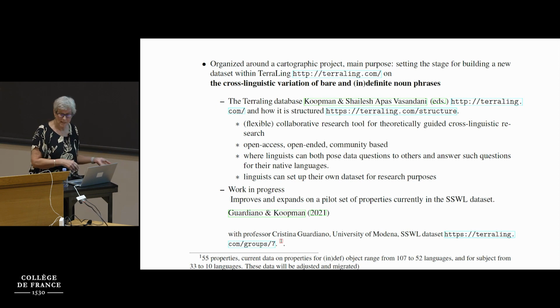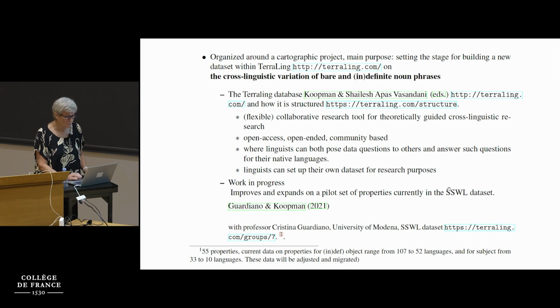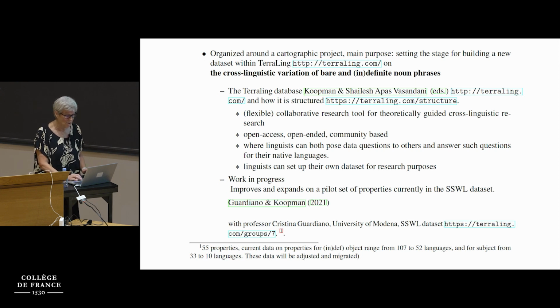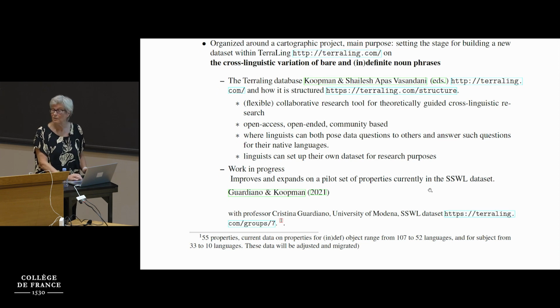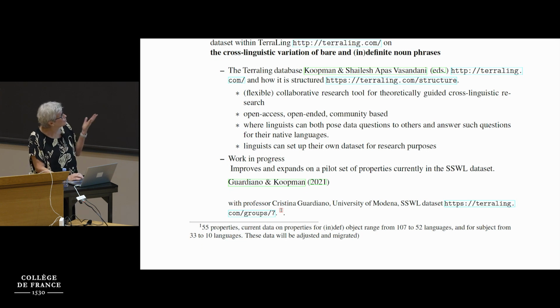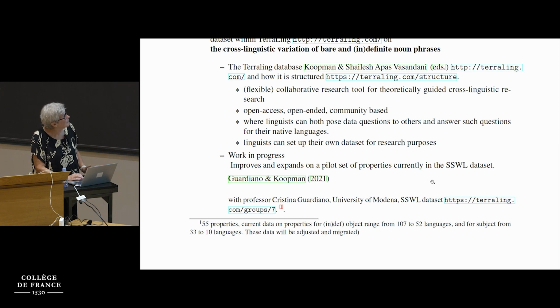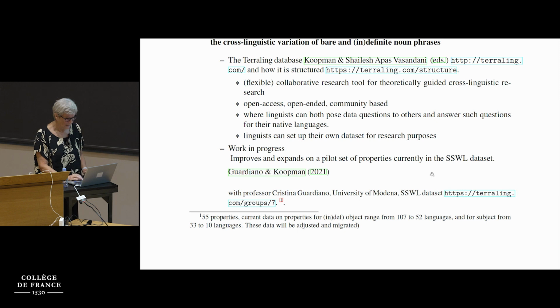Open access, open-ended, community-based, where linguists can pose data questions to others and answer such questions for their native languages, and where linguists can set up their own data set for their own research purposes. So the work I'm going to show you is work in progress, and it actually builds on and improves a pilot set of properties that are currently in the SSWL data sets that I talked to you about.